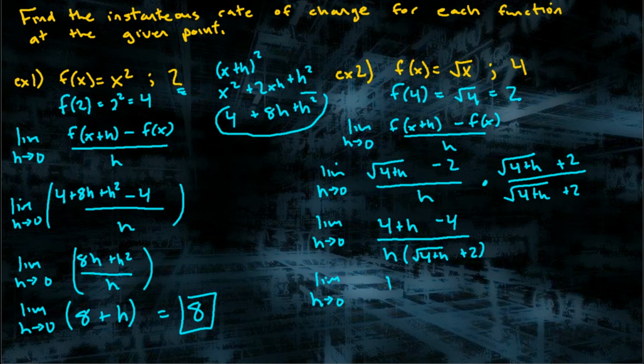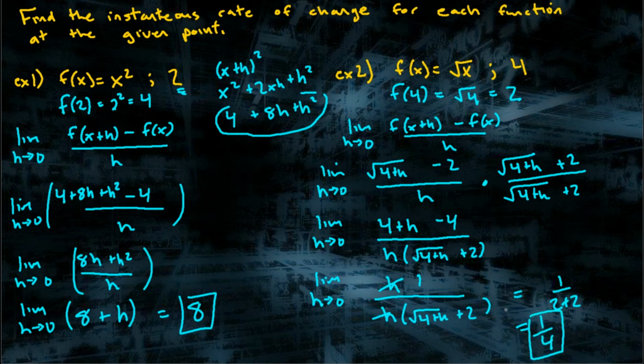So that's going to give me h over h times (square root of 4 plus h plus 2), and the h is canceled. That's going to leave a 1 in the numerator. Now, h is going to 0, so if I put a 0 in here, I'm going to have square root of 4. So square root of 4 is 2. So I'm going to have 2 plus 2. So 1/4 is my average rate of change, or not my average rate of change, my instantaneous rate of change.